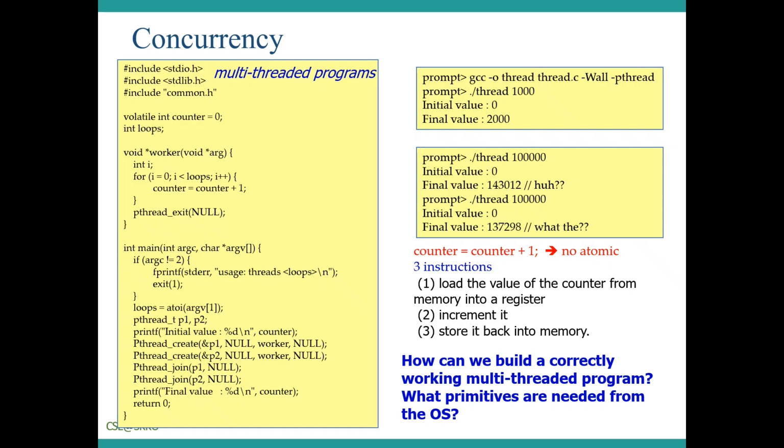Then when we run it again, not only is the result still wrong, it's also different from the last run. So, what's going on here? This weird behavior has to do with how instructions are actually executed one at a time.